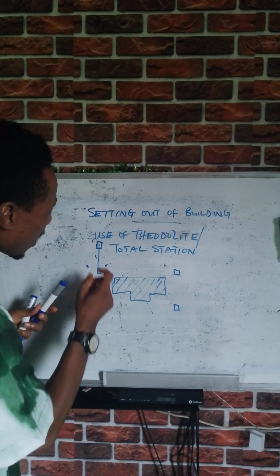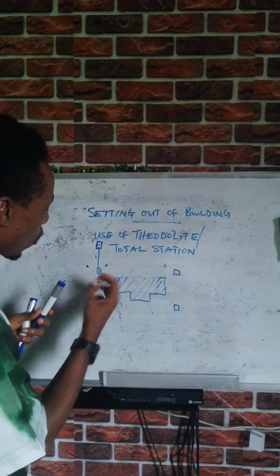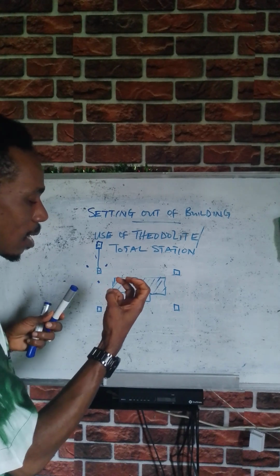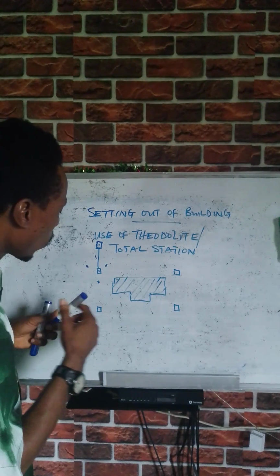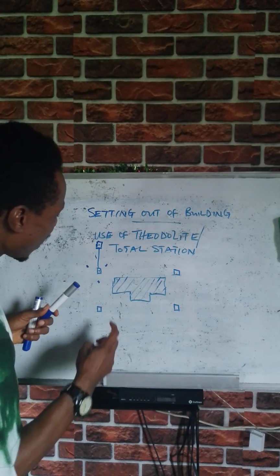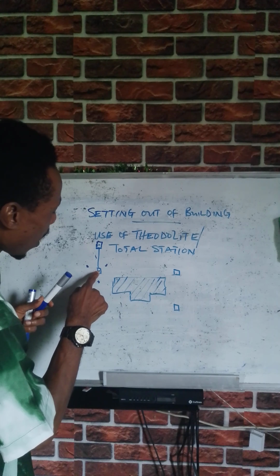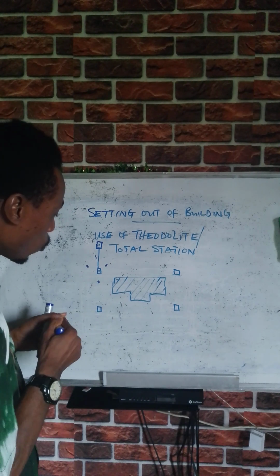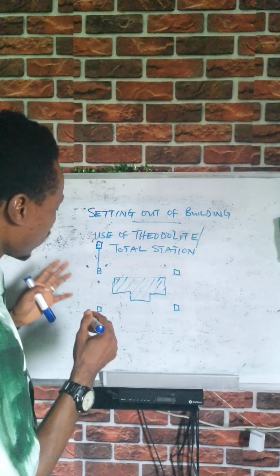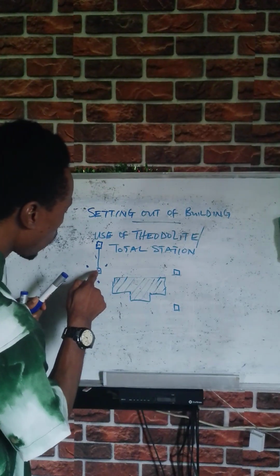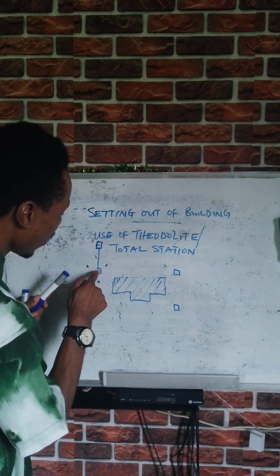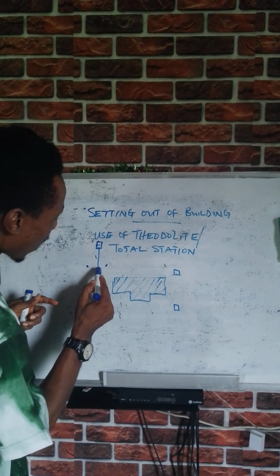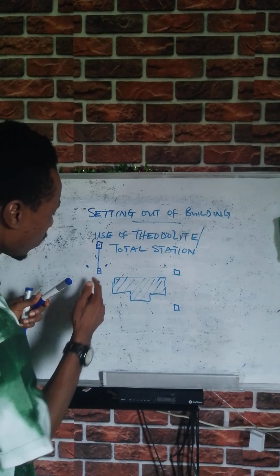You must ensure that the plumb ball is vertically pointing at this center point. That is what you do during the setting up of this instrument. It must be pointing directly on the top of this nail at the middle of this peg.